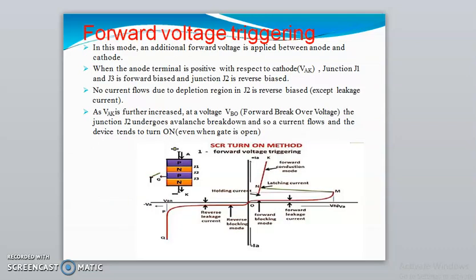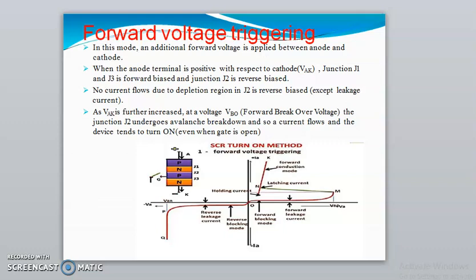What is the forward voltage triggering? In this, when the voltage applied between the anode and cathode terminal is increased, then what will happen? Since the SCR is in forward bias, junctions J1 and J3 are forward biased and junction J2 is reversed biased. So on applying the voltage, a stage will come that the reverse bias junction will vanish completely.